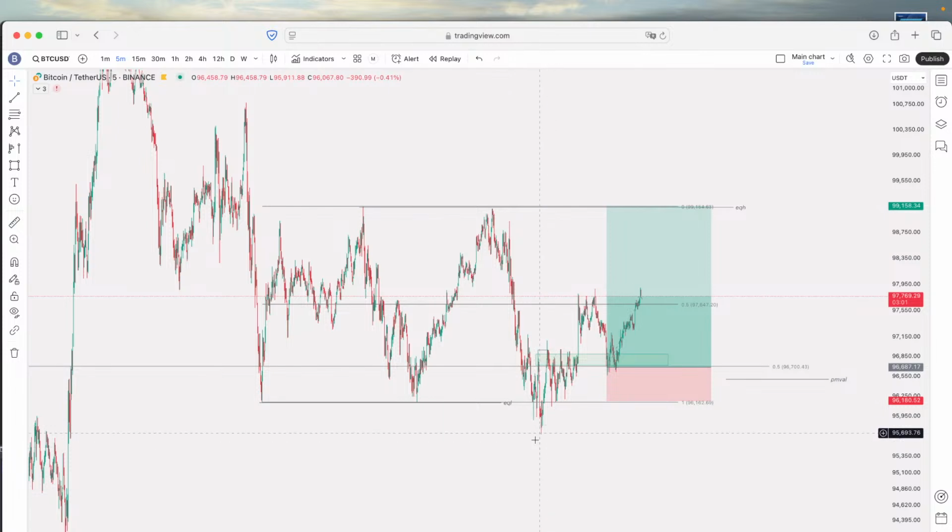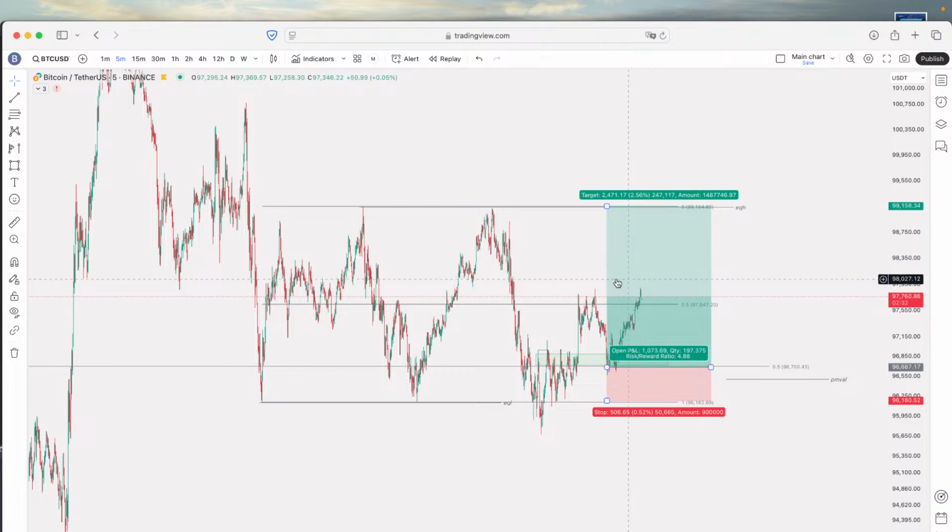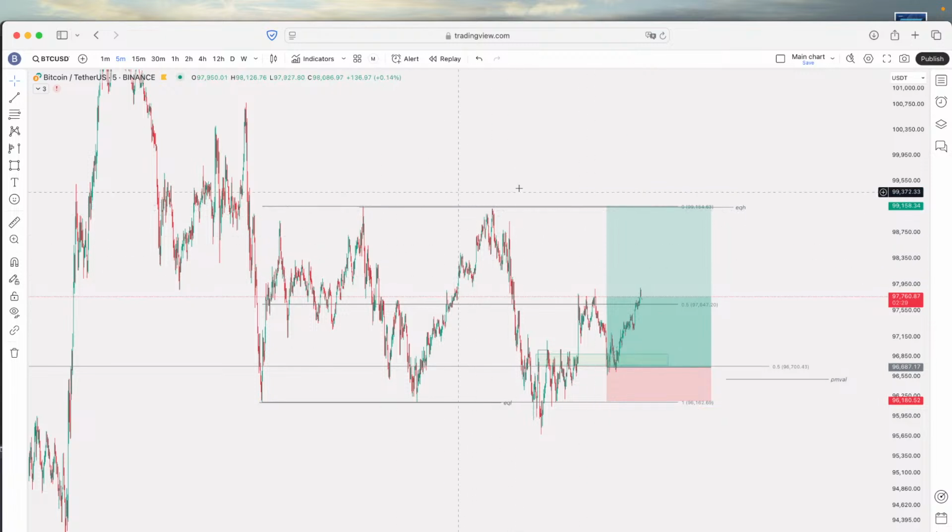So every long here most likely will be putting their stop below these equal lows, below the last significant low. This liquidity is taken, and according to this theory, from my experience, the next target in most cases is the opposite side of the range. So this is basically our equal high level.